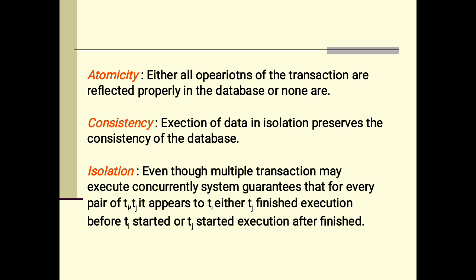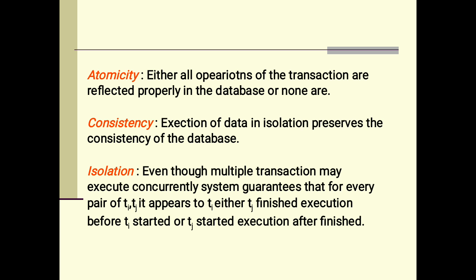That means the transaction either should be fully complete or successful, or the transaction never takes place. So that is atomicity. Consistency. Execution of a transaction in isolation preserves the consistency of the database. If the database is modified, all the values in the database should be consistent.